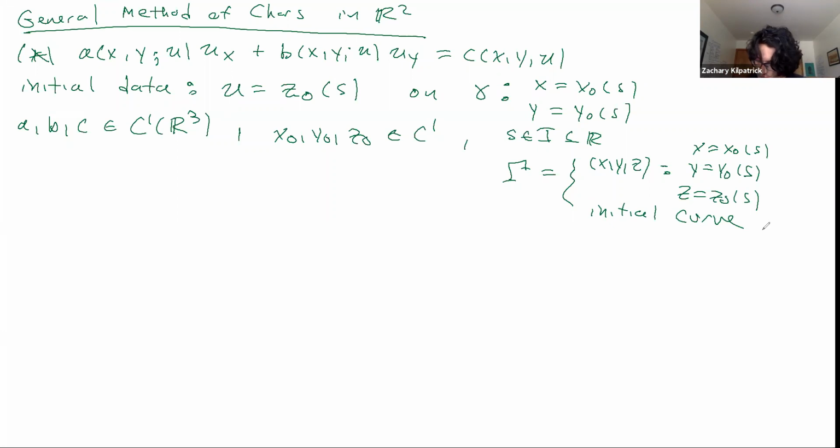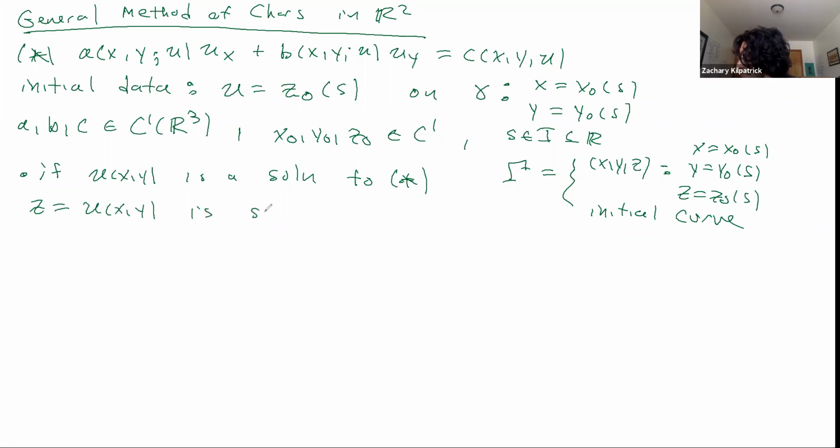So if u is a solution to our boundary value problem, or we could call it an initial boundary value problem, z equals u of x, y is a surface in x, y, and z.